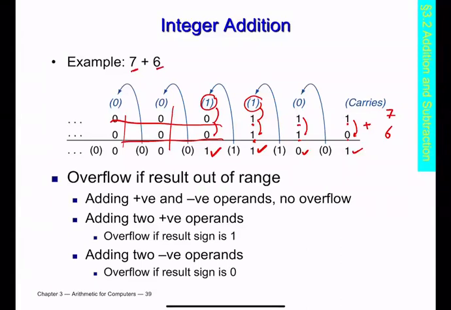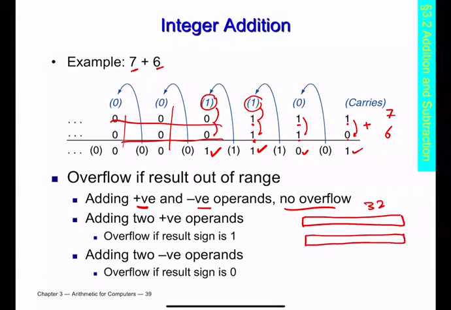We need, of course, to be aware of when we would receive an overflow and when not, or how I would interpret that this is an overflow or not. So of course, if I'm adding positive and negative operands, there is no overflow. Why? Because if I have been able to write that positive number in 32 bits, and then I subtract another number that is also written in 32 bits, that number would be less than that positive one.